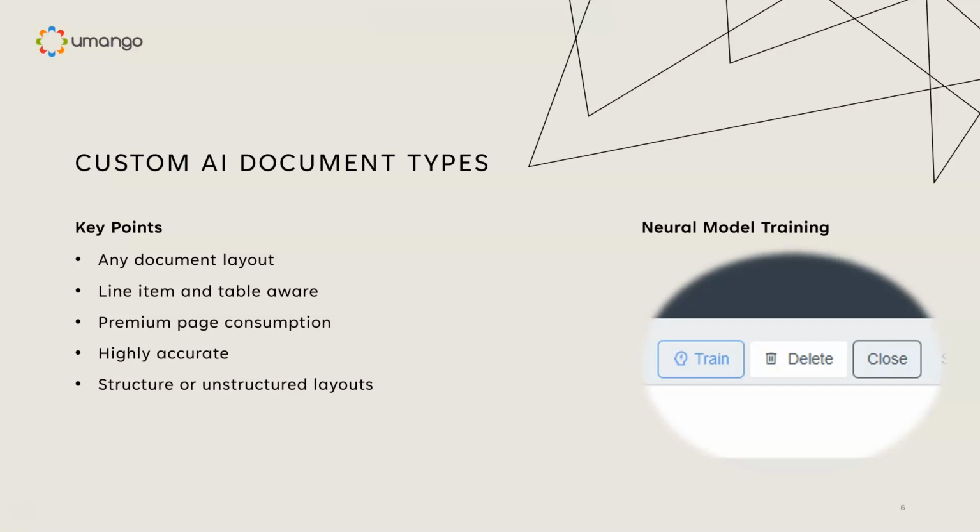Rather than just one for one, so for every page you process in Umango or you export in Umango, you consume one page, with custom document types you'll be consuming a multiple of that. And I believe that the default is you'll be consuming 4 pages for each one page that you process. So there is an additional premium, and it's not directly linked to cost, but it's kind of indirectly linked to cost. For customers that are high volume, it's certainly something to keep an eye on.